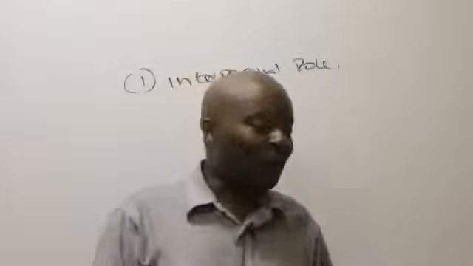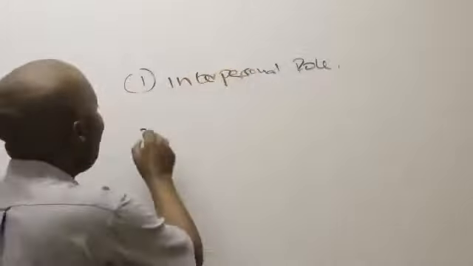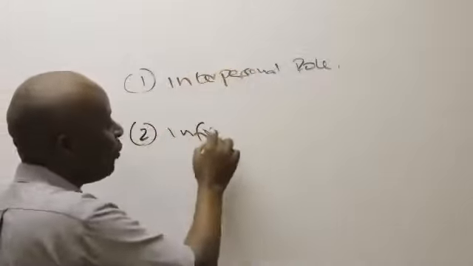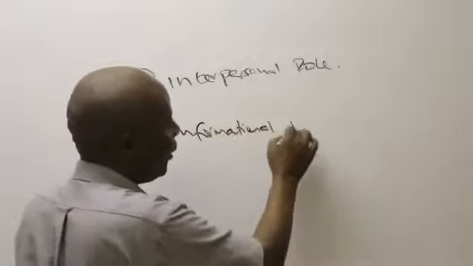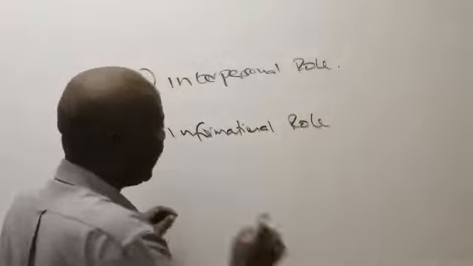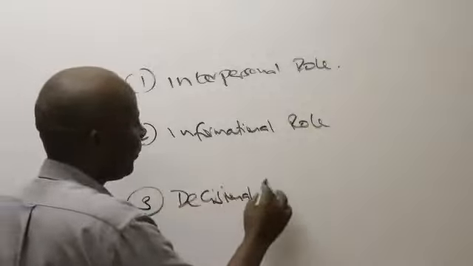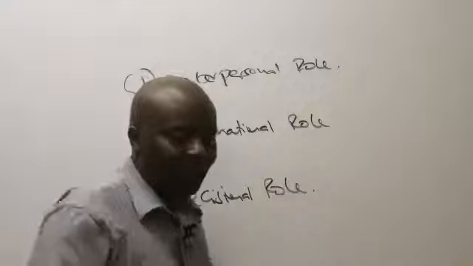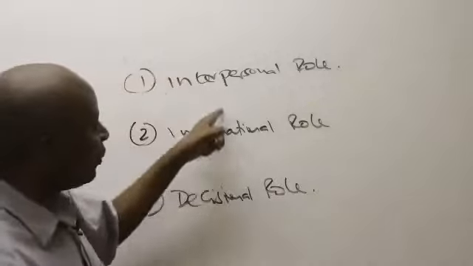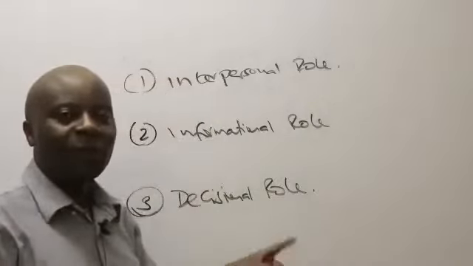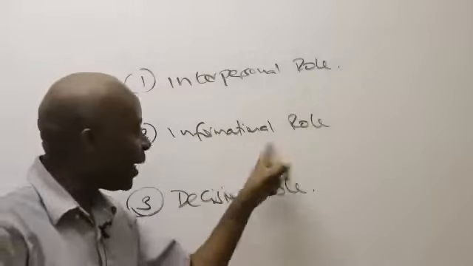So interpersonal role. And then, ladies and gentlemen, we have here informational roles. Of course, ladies do very well in terms of giving out information. Informational role, this is very good. And then we have, in this case here, decisional roles. Even marriages, most marriages break because of this. Unakuta kijamaa kiko na information akipeani.